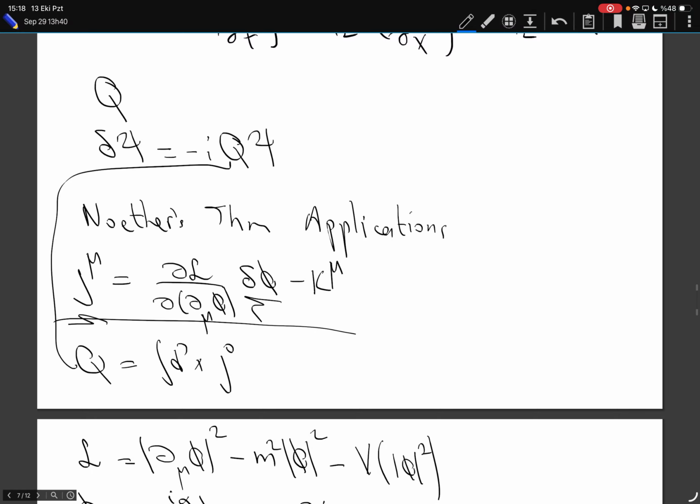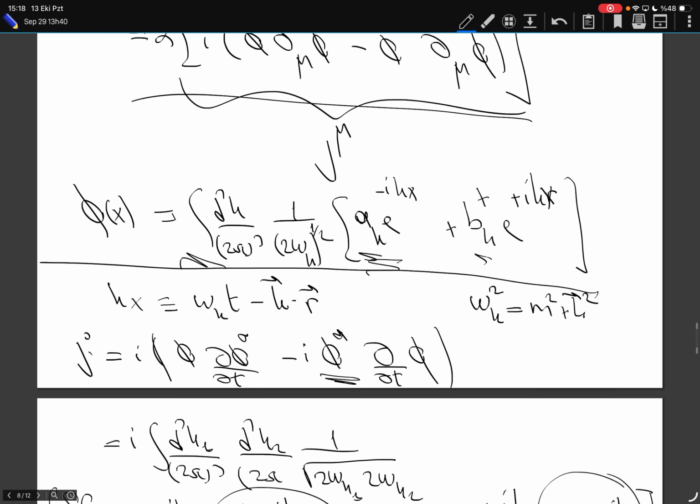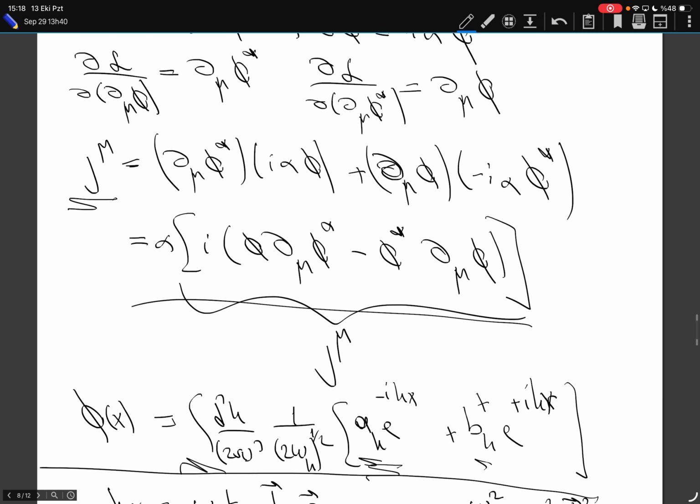Since delta phi also contains the parameters of our transformation, if they are constants, if we take them out, they will still be conserved. So the current is what we obtain when we factor out those constants, just like we did over here. You see, I obtained J mu, which was proportional to these transformation parameters. What remains is conserved, since this is just a constant.